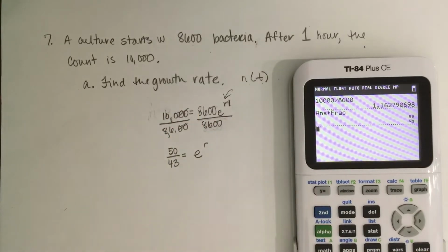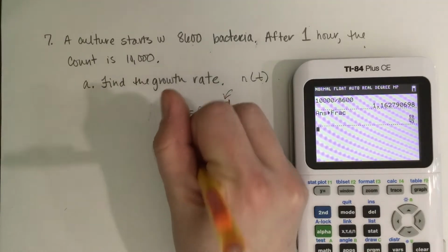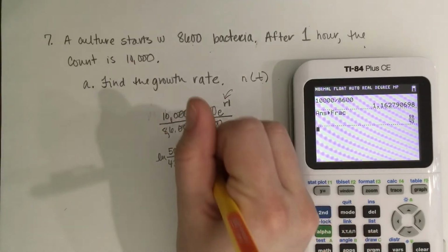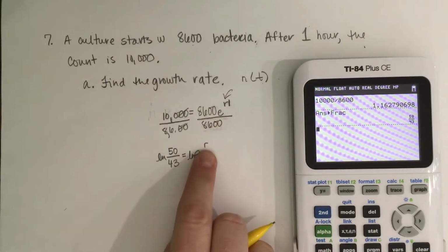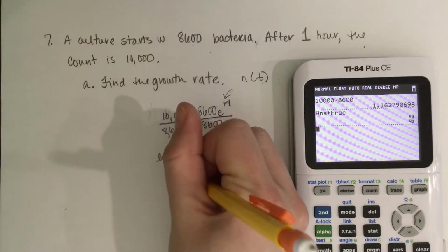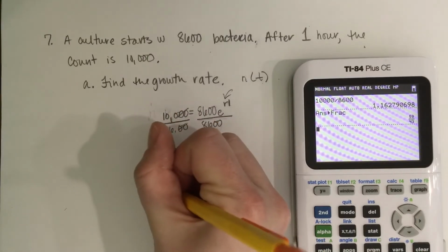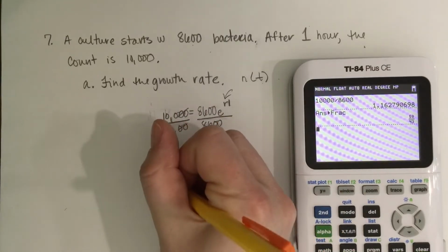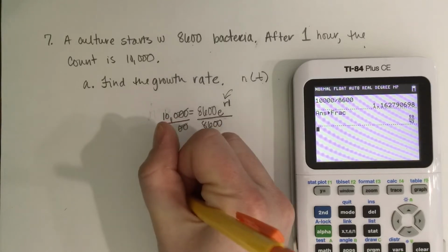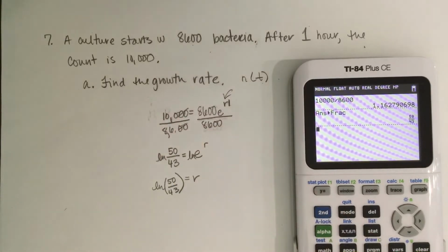In order for us to solve this, I can natural log both sides, switch it to log form, it's really the same thing. So when I take the natural log of both sides, the natural log of e to the r simply equals r. So now we know that our rate is actually the natural log of 50 over 43.